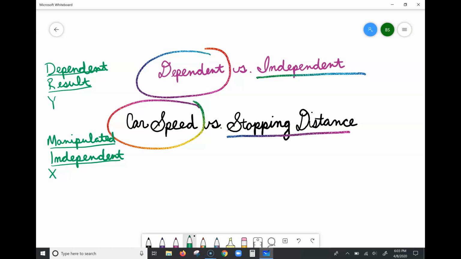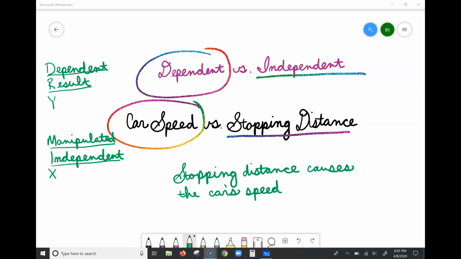Okay, so if we go back to the car speed and the stopping distance, does it make sense that we say that the stopping distance causes the car's speed? Of course not. Why would this stopping distance cause the car to go a certain speed?